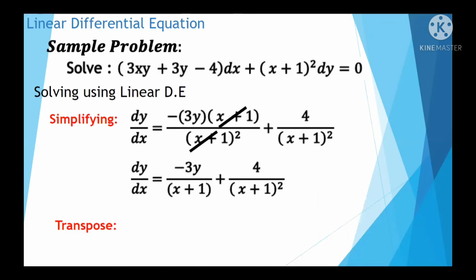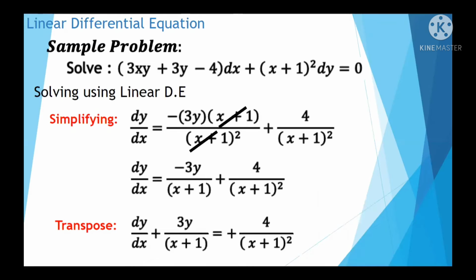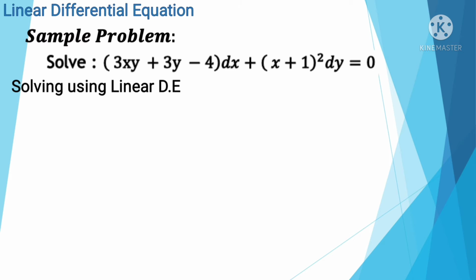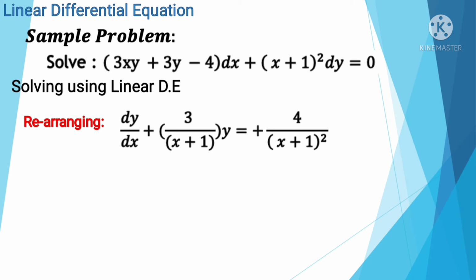Then we'll transpose the 3y term to the side of dy over dx. So we will have this equation. We will rearrange the equation and it will become dy over dx plus 3 over the quantity of x plus 1 times y is equal to 4 over the quantity of x plus 1 squared.